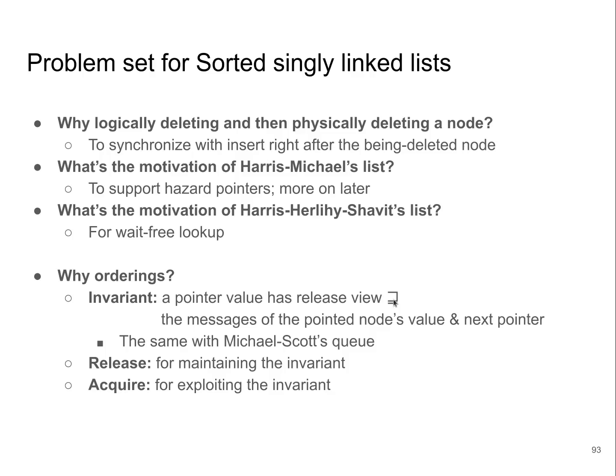And please go through all the occurrences of the orderings and try to explain why it must be released, why it must be acquired, or why it can be relaxed. By doing so, you can easily understand why this code is correctly synchronizing among multiple concurrent operations. Okay, so far so good.